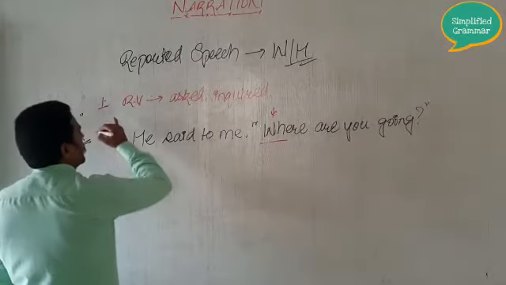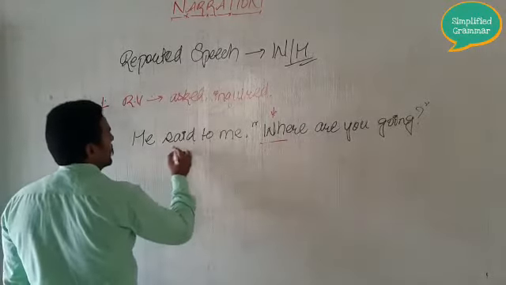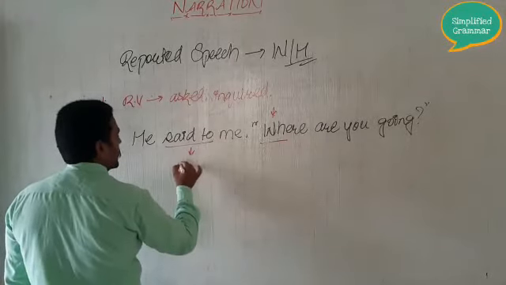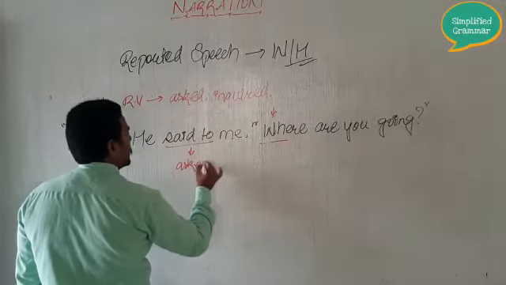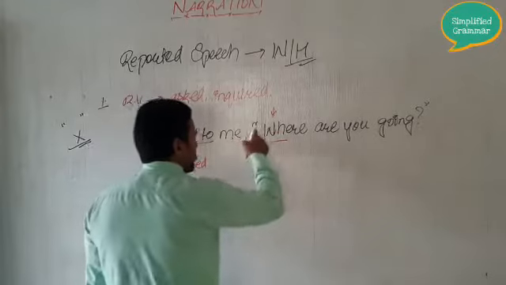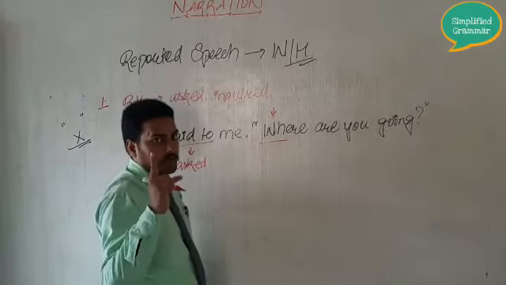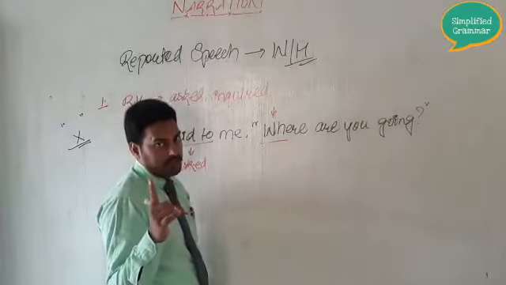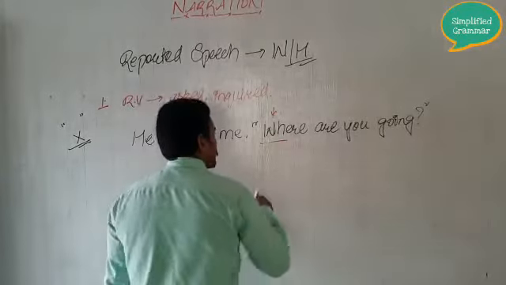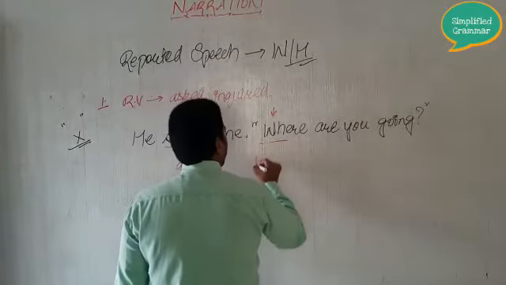So step number 1, let us change this. "Said to" will be changed into "asked". He asked me. In order to remove the double inverted commas, here you do not need to use any kind of conjunction. Is it clear to you all? So this "where" will be as it is.